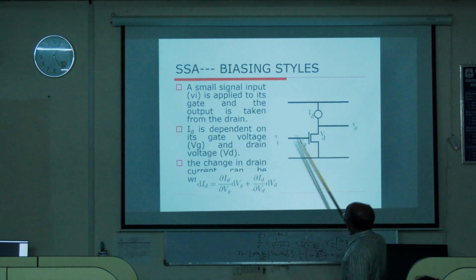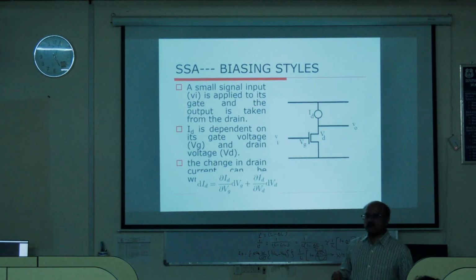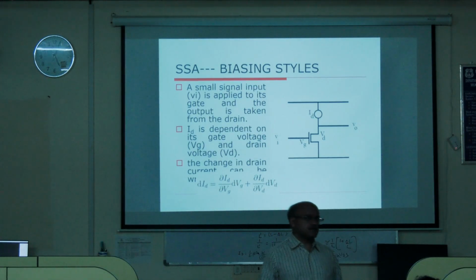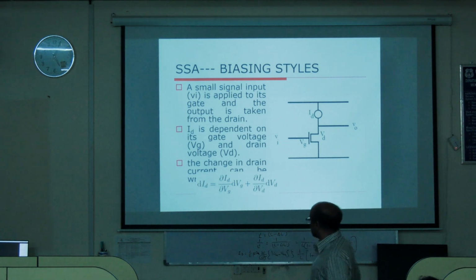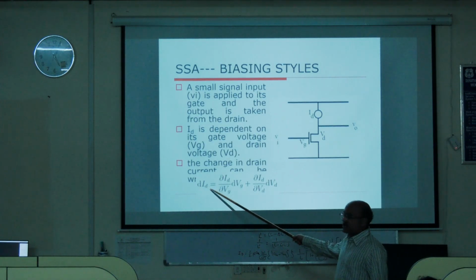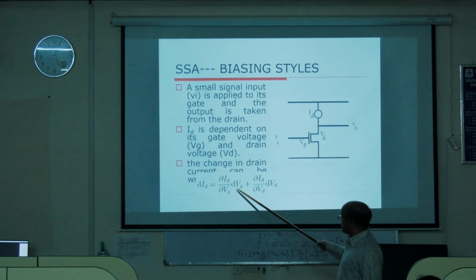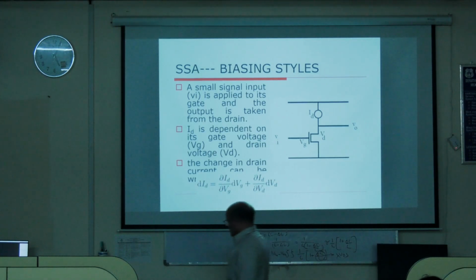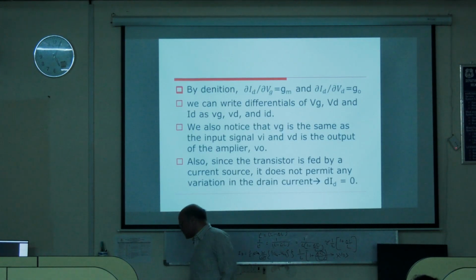I know the drain current of the MOSFET is a function of two variables, the gate voltage and the drain voltage. So a small change dID in the current is a function of dVg and also of dVd. Therefore dID equals dou ID by dou Vg dVg plus dou ID by dou Vd dVd.